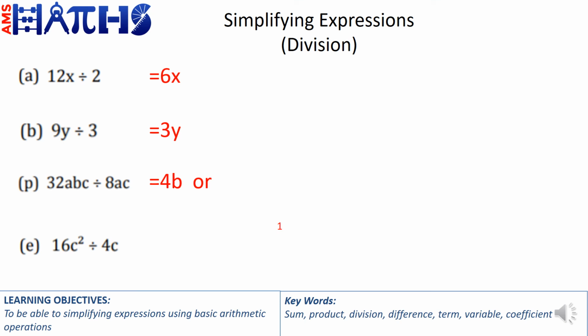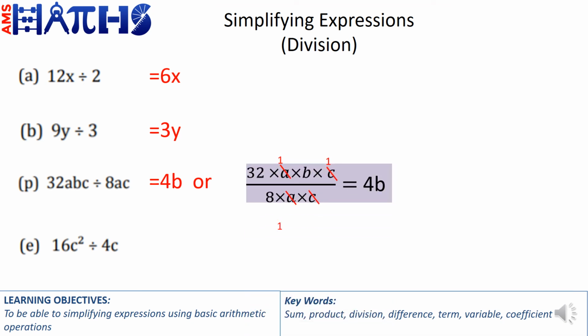To make it clearer, I've written it out as a fraction to show you what actually takes place. On top, I have written 32abc as 32 times a times b times c. On the denominator, I have broken down ac as 8 times a times c.